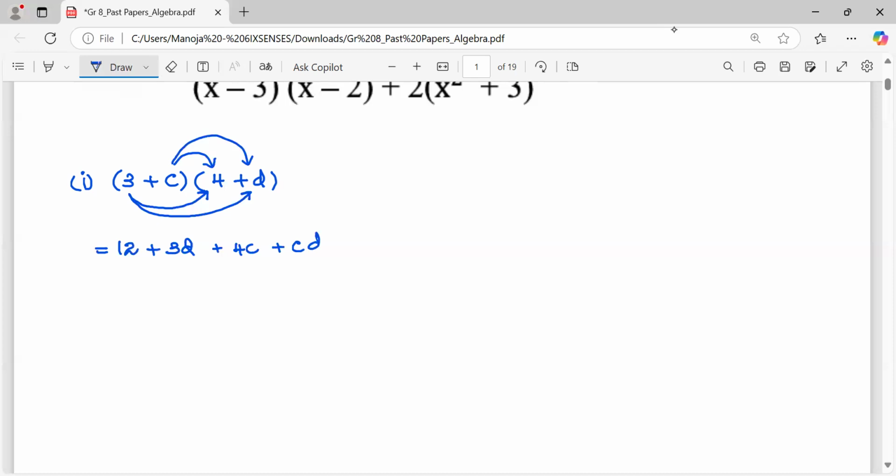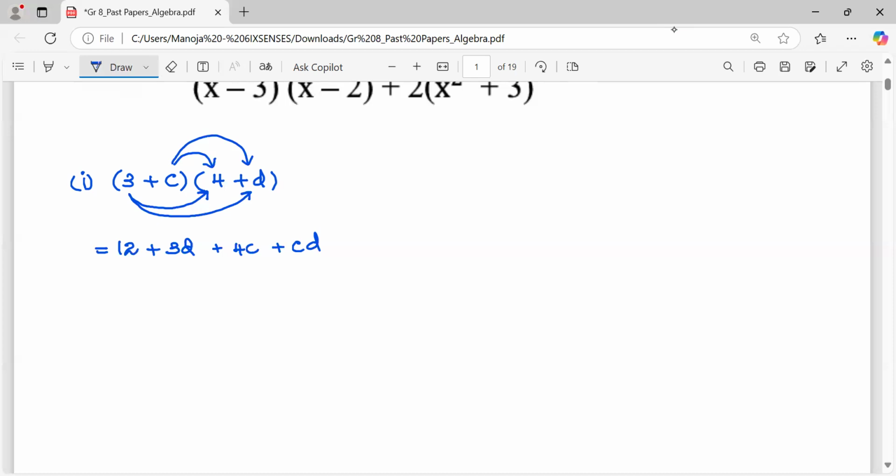So what you see is 3 times 4, 12; 3 times D, 3D; 4 times C, 4C; C times D, CD. Now, we can't add any of these numbers or algebraic terms because they are not like terms. You just keep them as they are. You don't have anything to do.